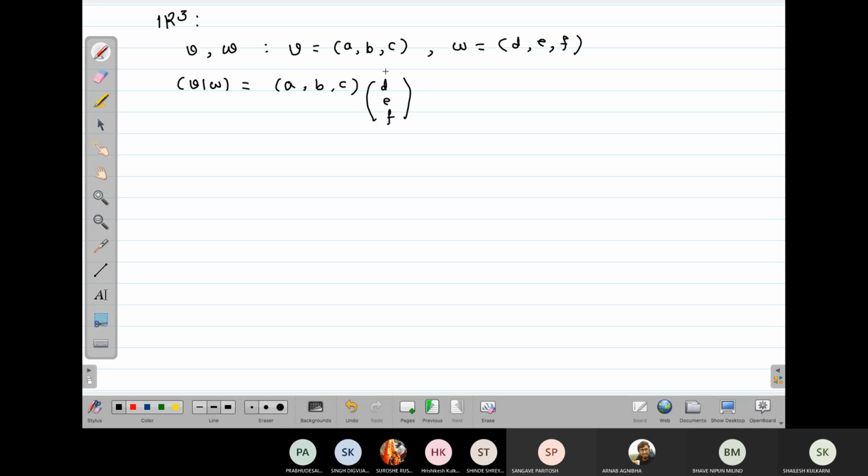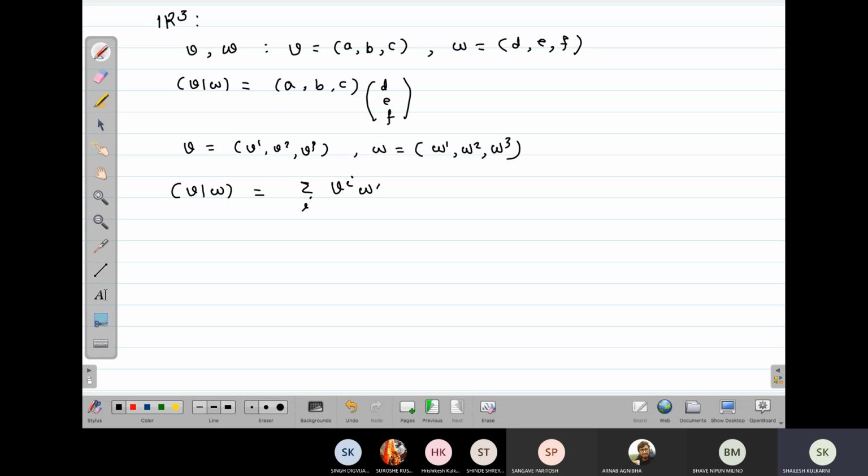In a compact way, if I denote v by v1, v2, v3 and w by w1, w2, w3, then v inner product with w is just the summation over i of vi wi. This is the inner product.